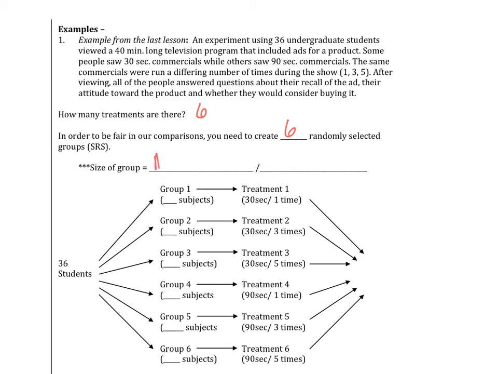So you take the number in the sample divided by the number of treatments. There are 36 people in the sample, and there are 6 treatments.